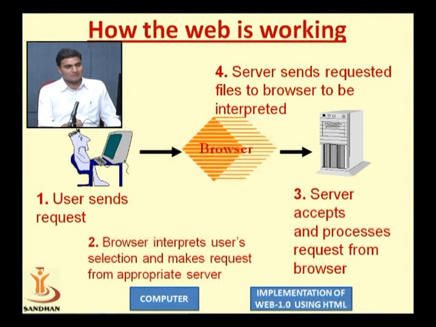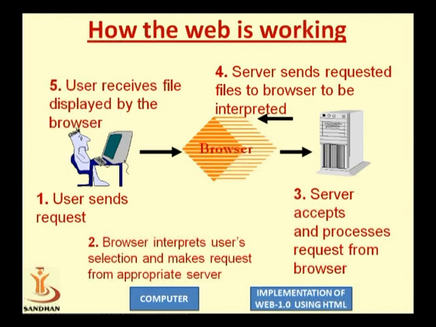Then once the server processes the request, the browser interprets that response in a user-friendly format, right? And finally it gives the response to the user. So this is the overall working of the web, right? There are mainly 5 steps. Users cannot interact with the server directly, a browser is required, right?